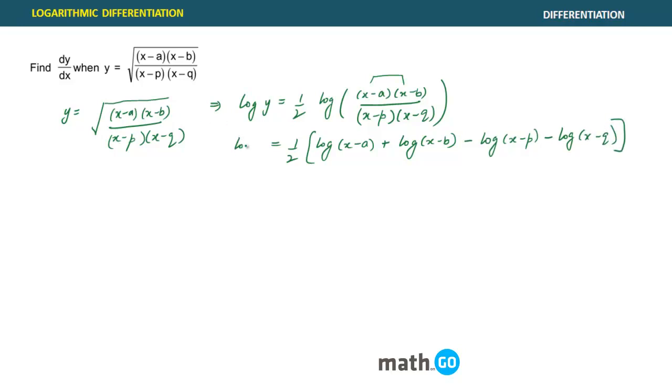Now just quickly differentiate this. So this will be 1 by y dy by dx equal to 1 by 2 times 1 by (x minus a) plus 1 by (x minus b) minus 1 by (x minus p) minus 1 by (x minus q). And then quickly send y across over here. This is how you solve this particular problem. I hope this is clear. Nothing more is left in this.